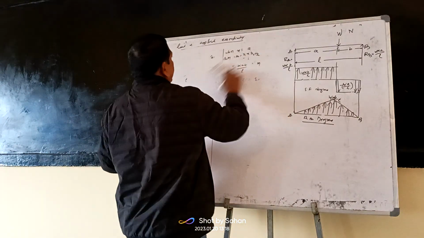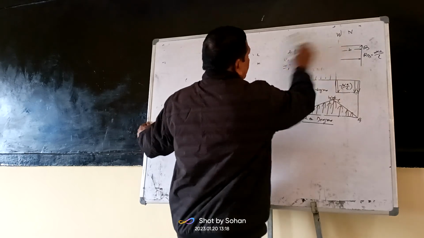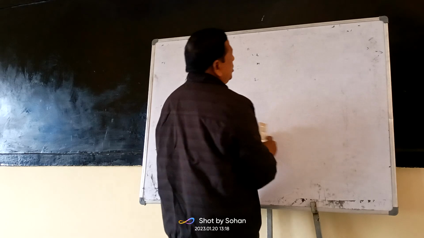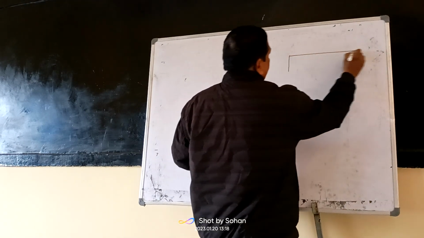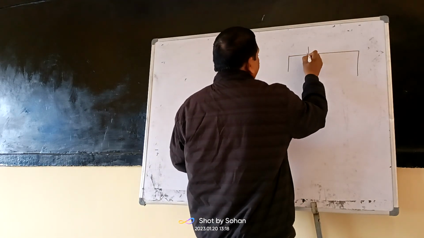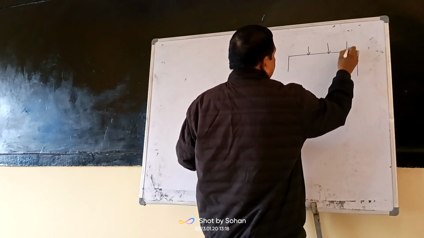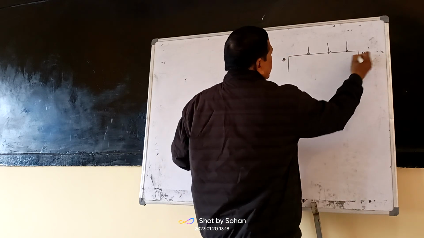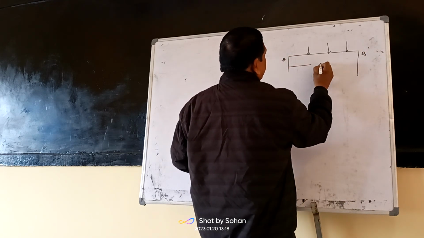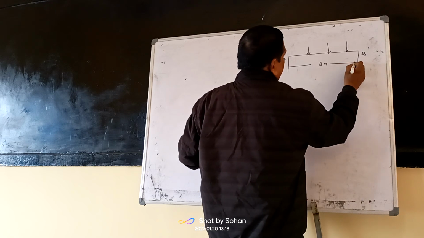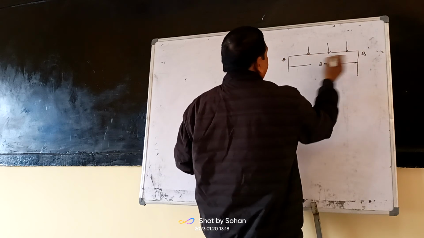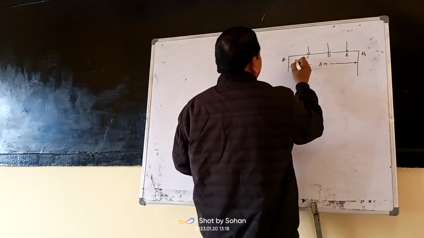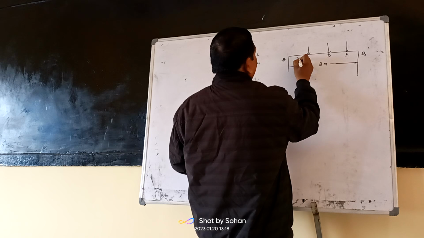Now we are solving an example. Suppose a simply supported beam carrying 3 point loads, and the total distance is 8 meter. Suppose the points are A, B, C, D, E, and each span is 2 meter.